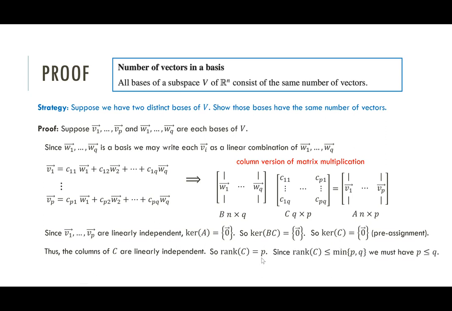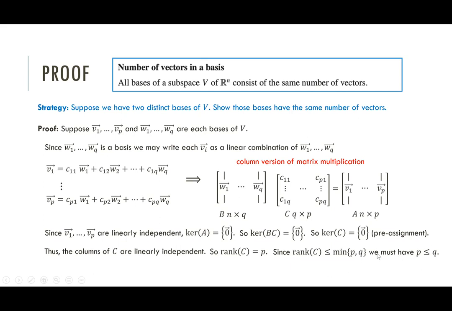But now, the rank of any matrix can't be bigger than the number of columns, and it can't be bigger than the number of rows. In fact, it's going to be less than or equal to the minimum of your columns and rows. And so since P is equal to the rank of C, this means P has to be less than or equal to the minimum of P and Q. That means that P has to be less than or equal to Q.